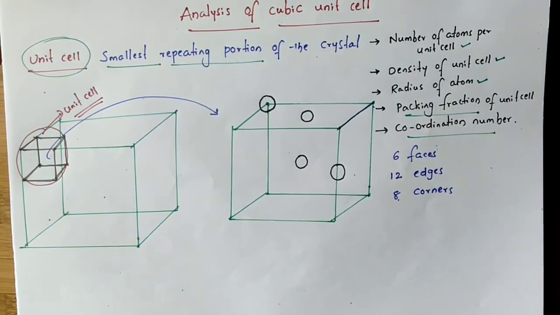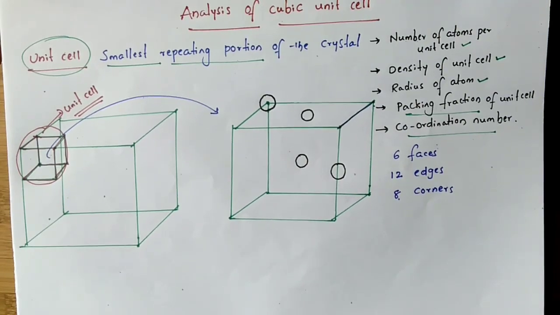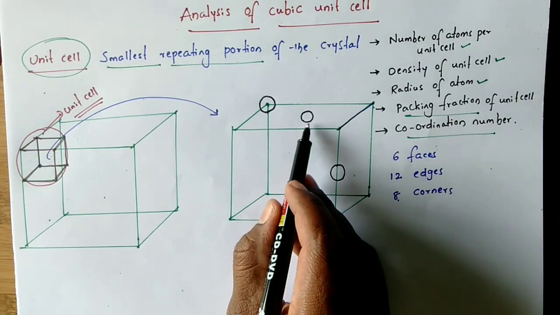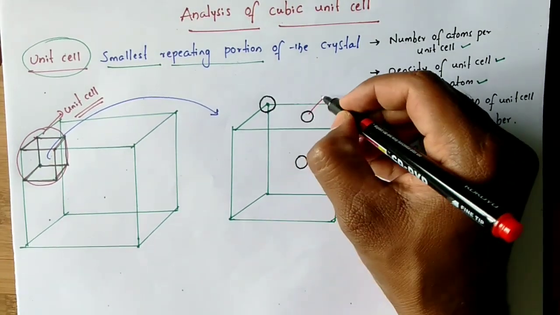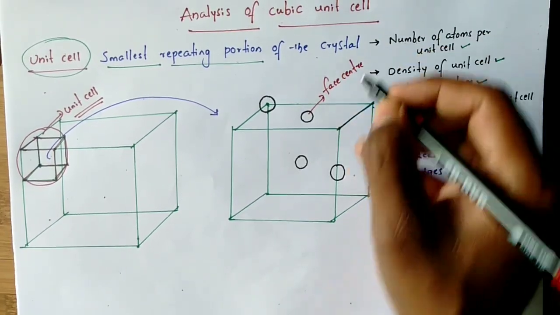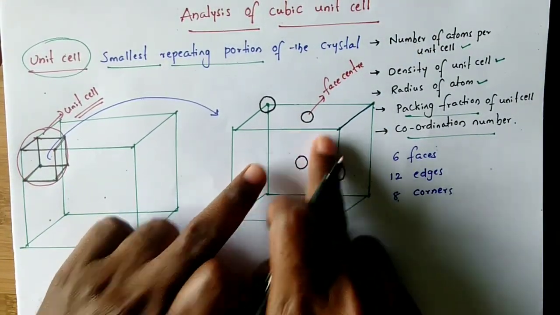So there are 4 types of arrangement in the cubic system. This is at corner. This is at the face center, exactly at the center of the face.